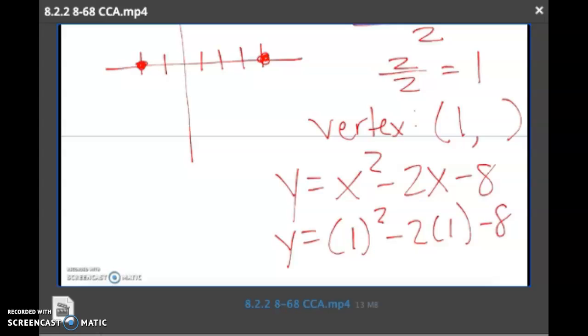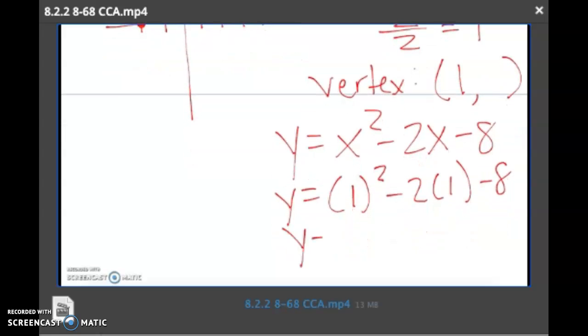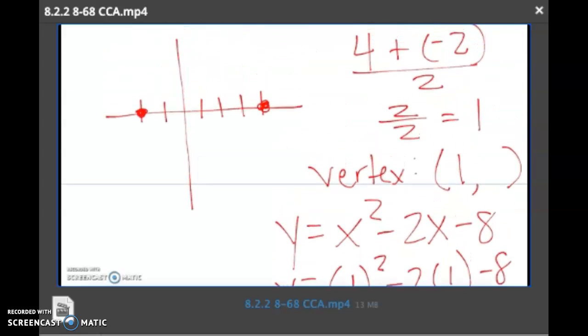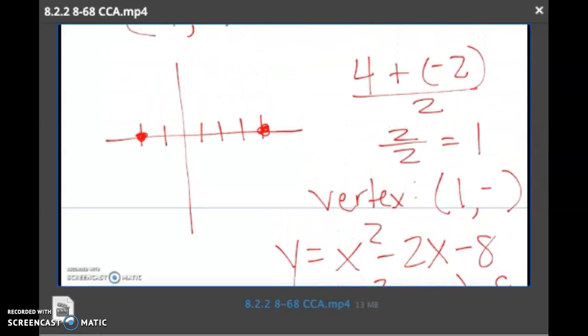And then I'm going to solve for y, and this will give me the y-coordinate of my vertex. And I get y equals negative 9. So I know my vertex is at 1, negative 9.